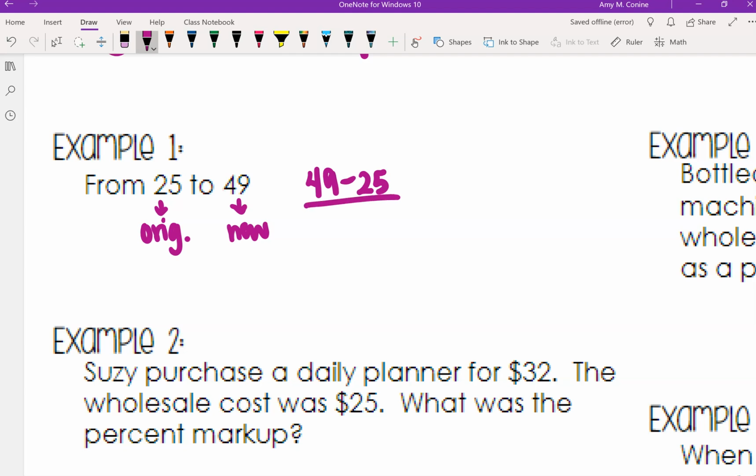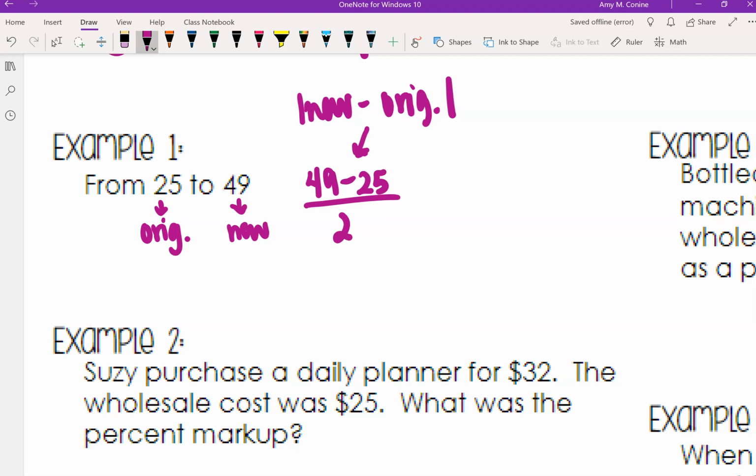So you need to put the original first minus your new number, or like we have here, original minus new, whatever you need to do to get a positive. Some people say the absolute value of new minus your original. If that's helpful, that's really what this is. We're just trying to keep it positive.